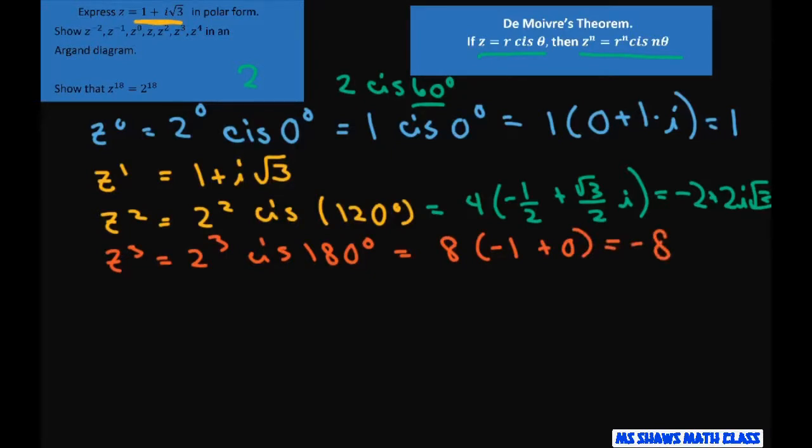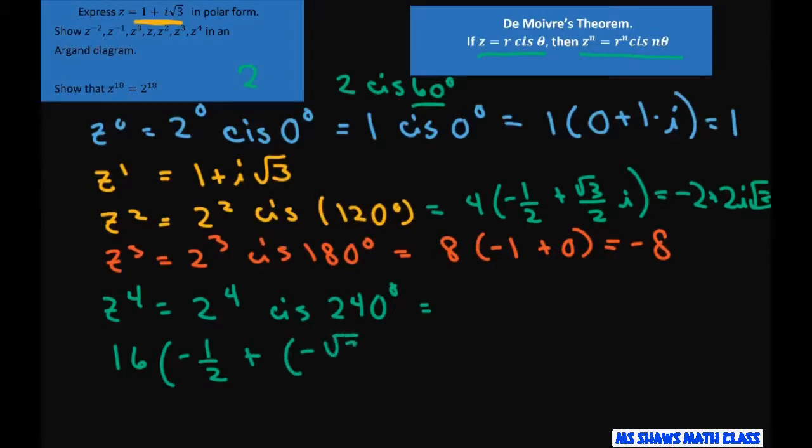And then z to the 4th equals 2 to the 4th cis of 240 degrees, which equals 16 times negative 1/2 plus negative square root of 3 divided by 2 i, which, when you simplify, equals negative 8 minus 8i square root of 3.